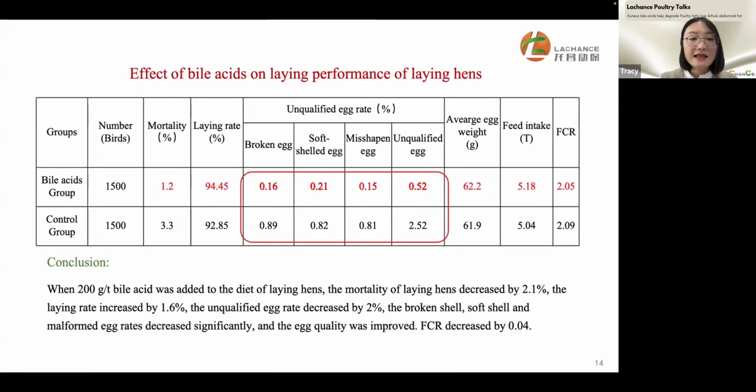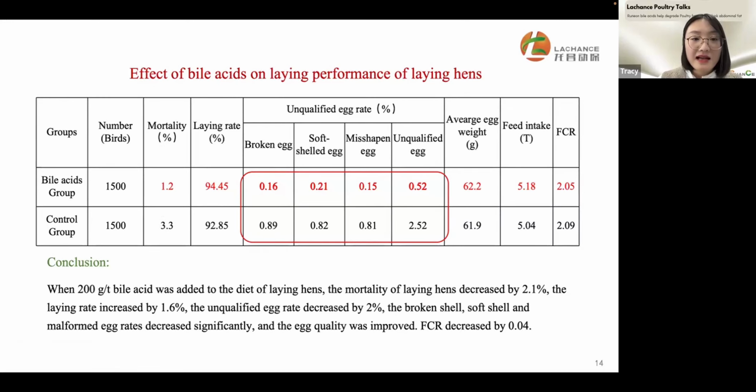You can see that this line is the bile acid group and this line is the control group. After using bile acids, the mortality rate was reduced from 3.3% to 1.2%.